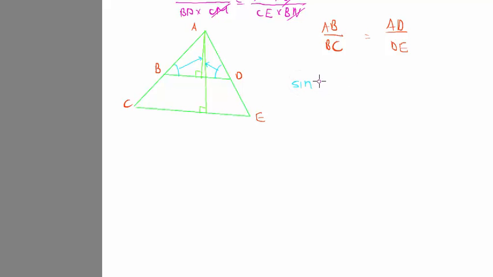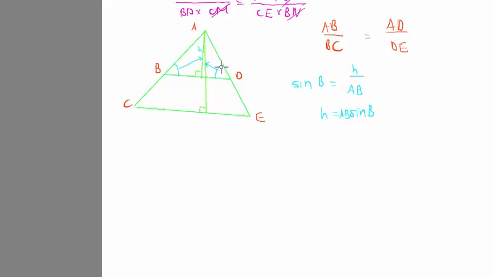Sine of B is going to be opposite, which is, let's call this the height, divided by the hypotenuse, which is AB. And so I get that my height is equal to sine B times AB.